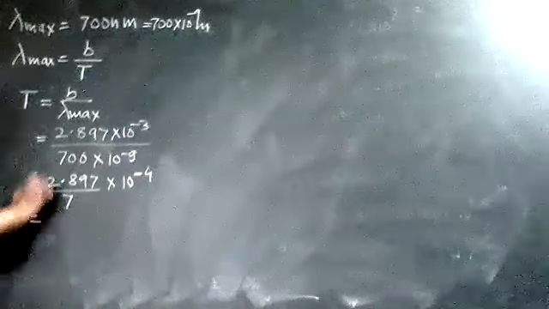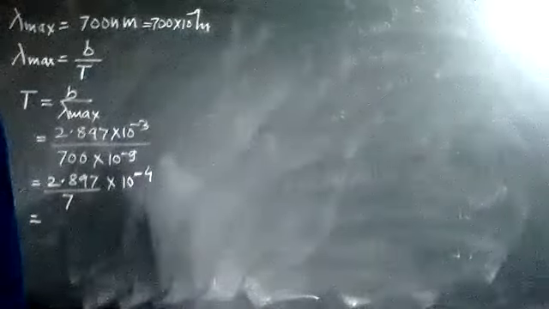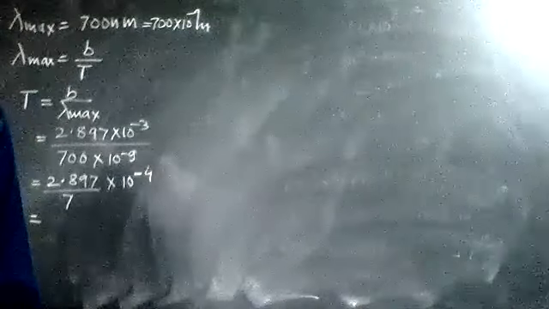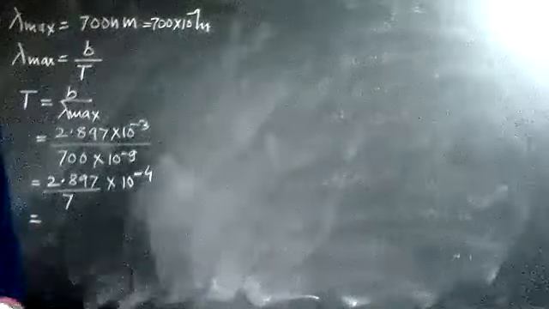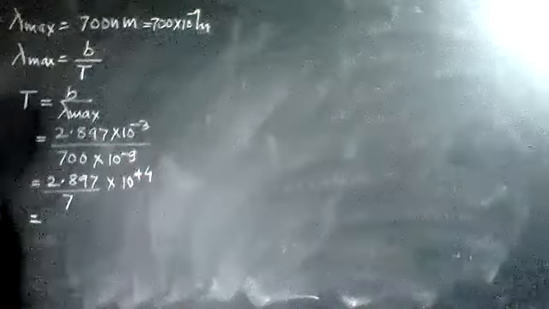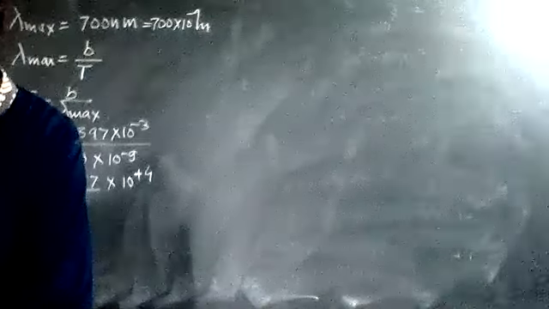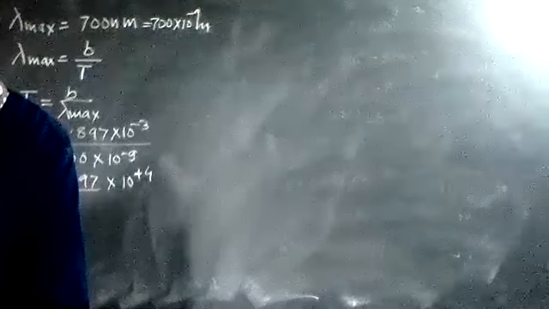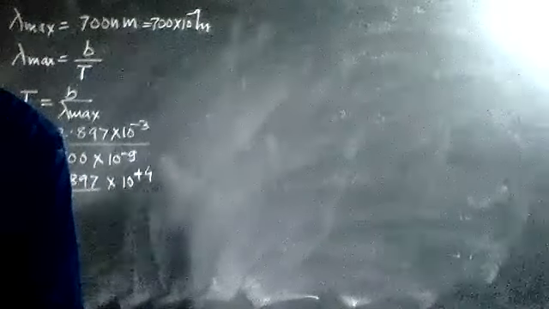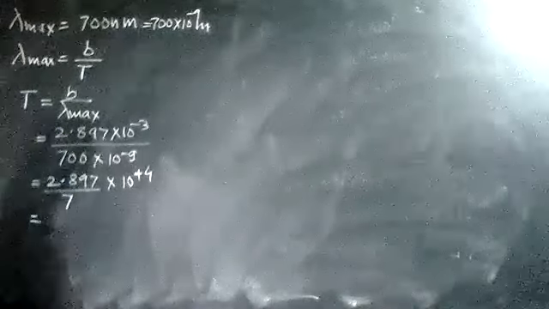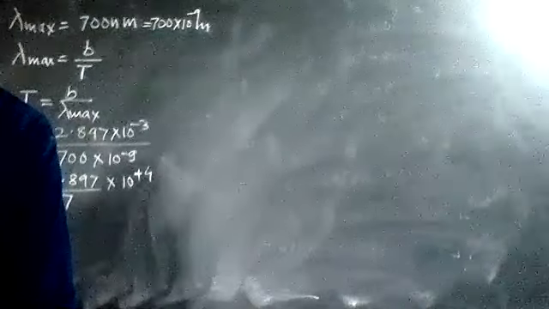And now I will do this calculation. So this calculation, what it leads to you, see here. I am getting that calculation. Plus 4. So calculation will come. I will do it. 2.897 divided by 7.